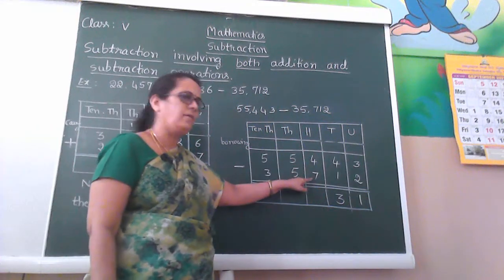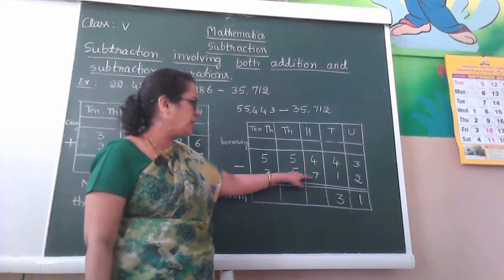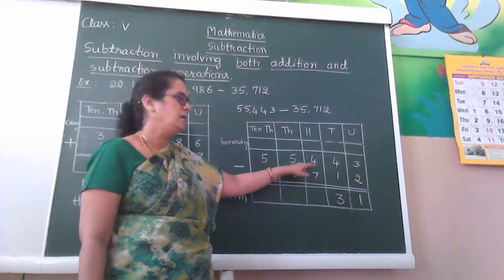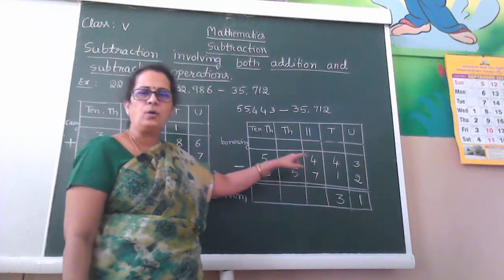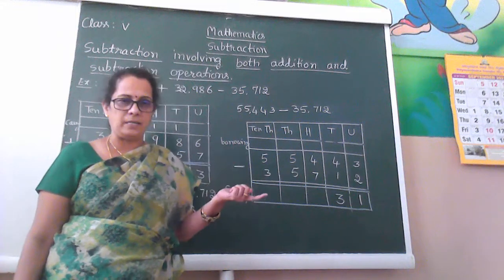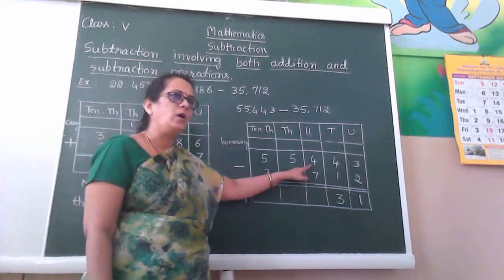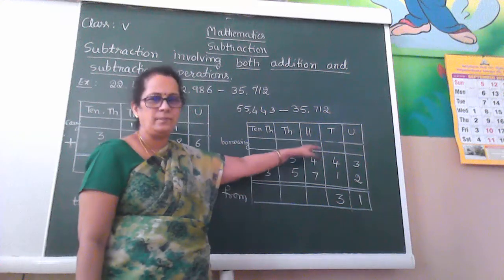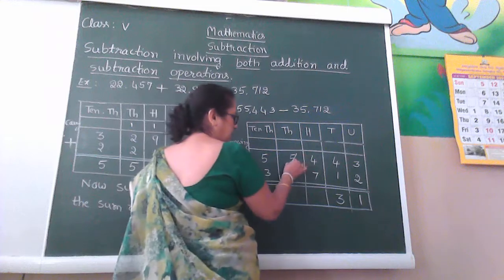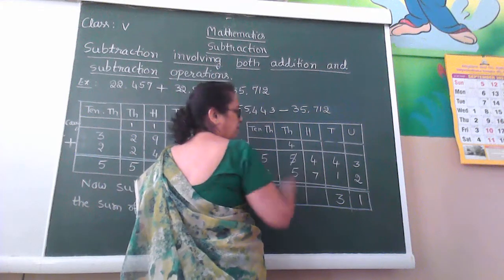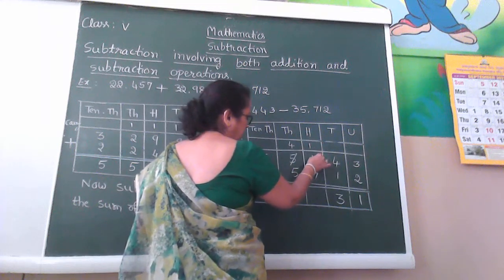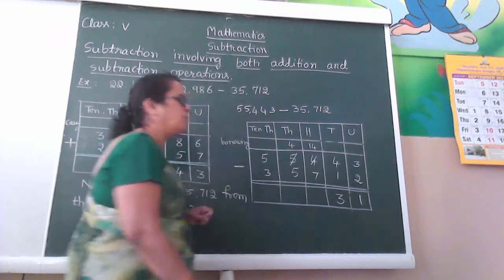4 minus 7, can you subtract 7 from 4? It's not possible because this is a small number and this is a big number. So what next? Yes, I explained it in the previous class. If it is a small number, then borrow 1 which is in thousands place. That is, you cancel 5, make it as 4 and borrow 1,000 from here, write 4 above that.